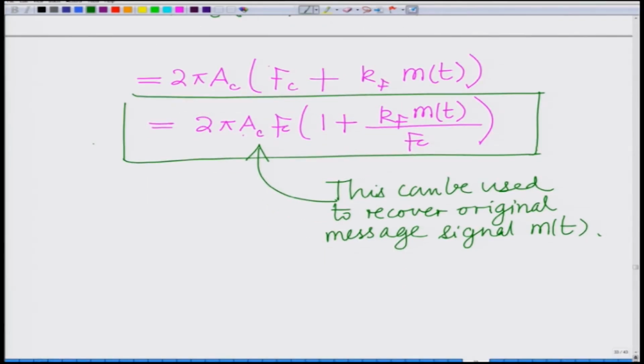So, this is the output of the envelope detector which can be used to recover the original message signal m(t).